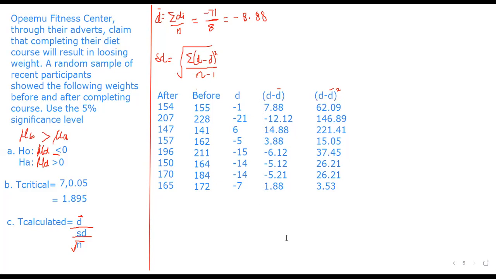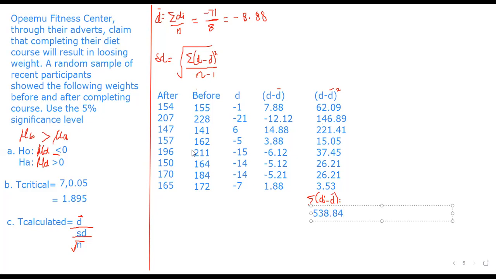All right. Sigma of di minus d bar all squared, what will be the summation? I had 538.84. You had what? 538.84.